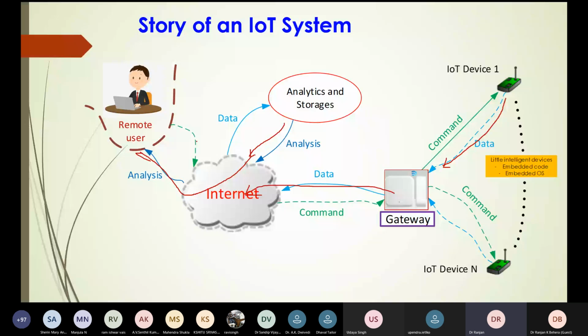This green line is a command line, coming from the internet to the gateway, gateway to each device. This sensor device, when the command comes, will give a signal to the actuating device, which will perform the task.